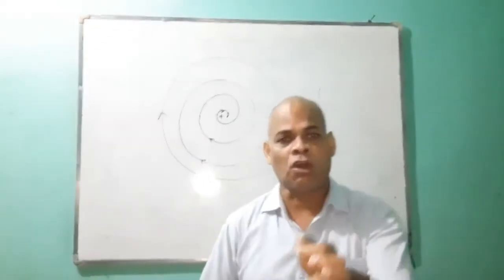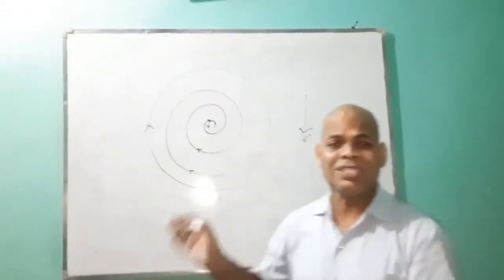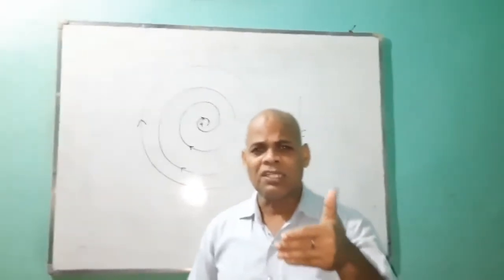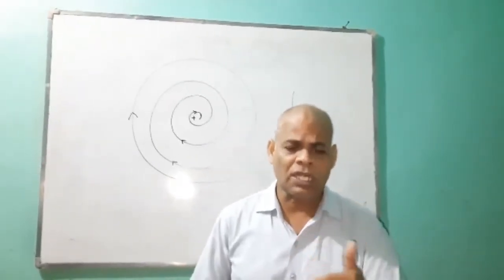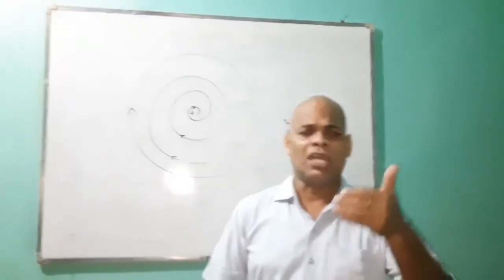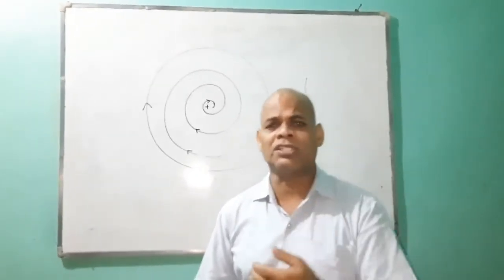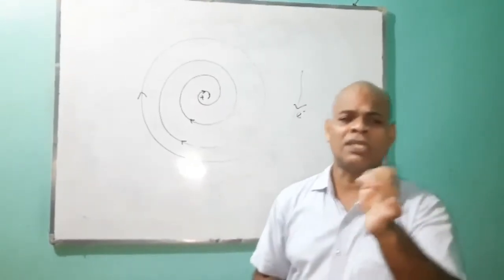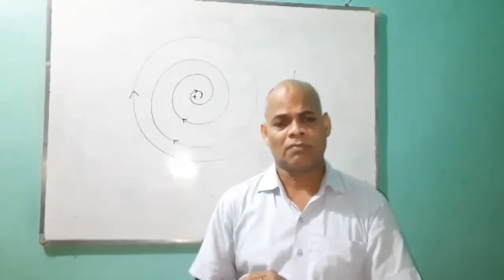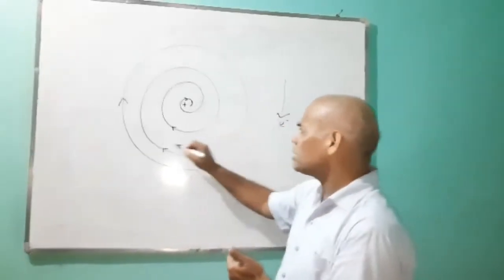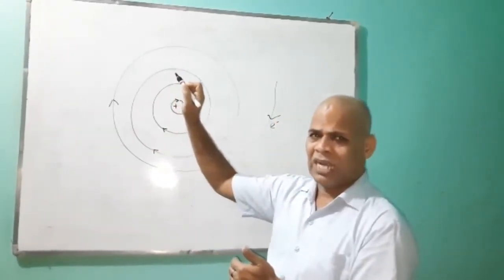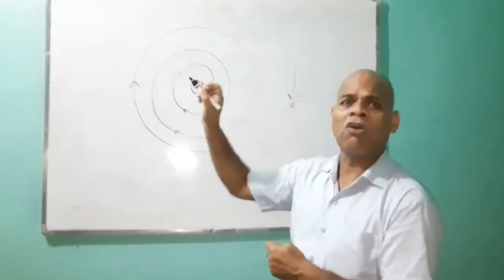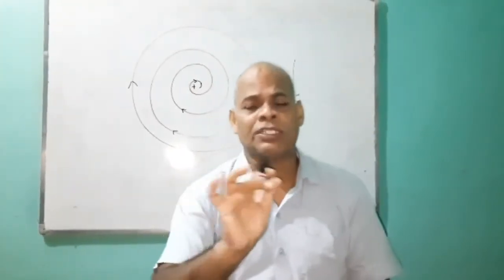Due to the continuous decrease in energy, as the electron continuously radiates and loses energy, it will be strongly attracted by the nucleus. If the electron is being attracted by the nucleus, it means the electron may fall into the nucleus.